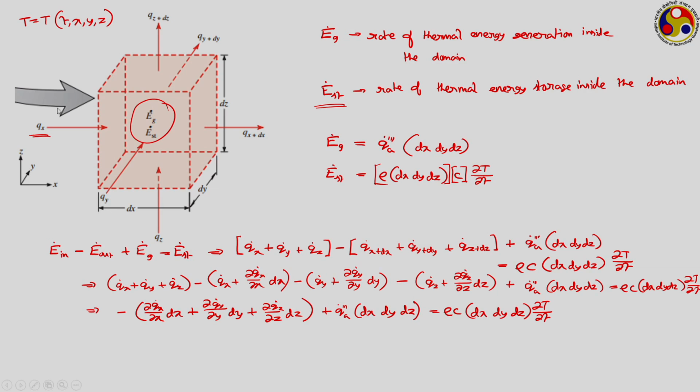Then using the Fourier's law of heat conduction, what we can write? This should be equal to the corresponding conduction heat flux going in the x direction into the area of the plane having normal in the x direction. Here Ax represents the area which is having normal in the x direction.